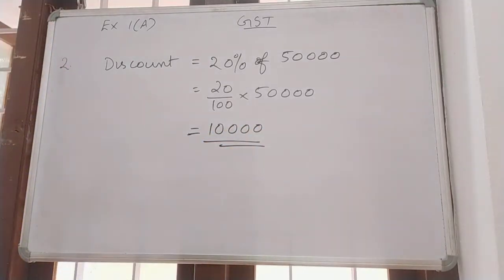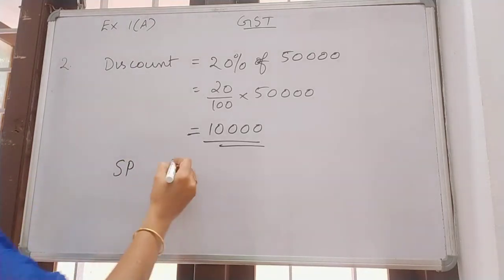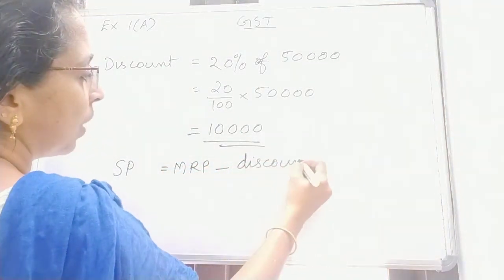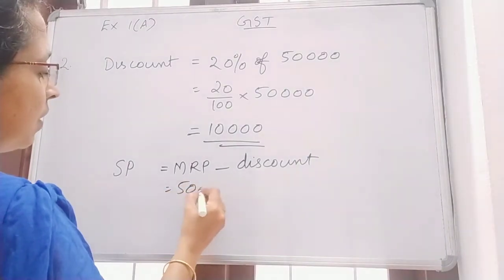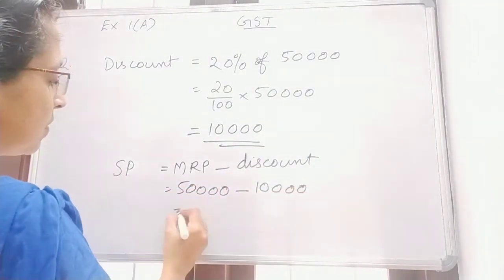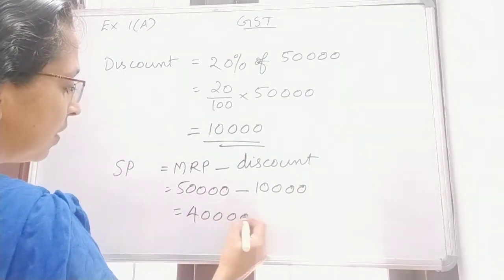Rupees 10,000. So next one is selling price. Selling price is MRP minus discount. So MRP is 50,000 minus discount 10,000 is equal to 40,000 is the selling price.